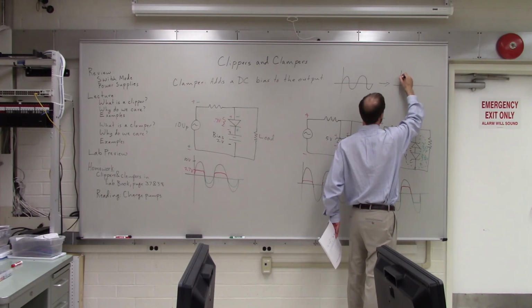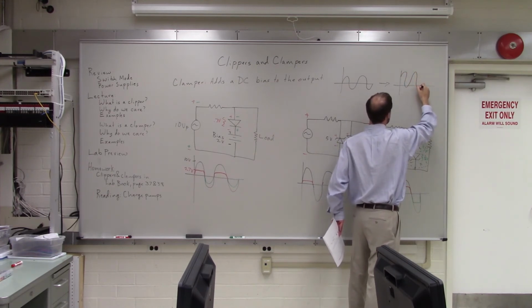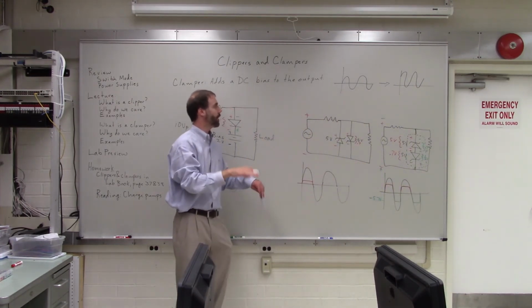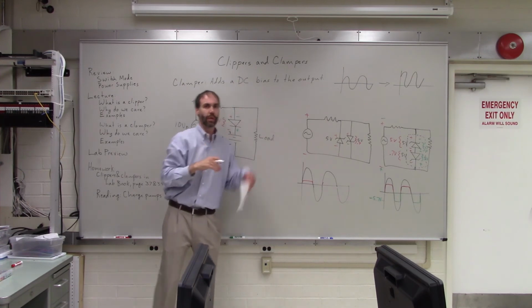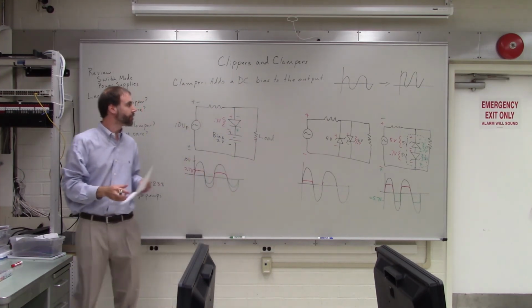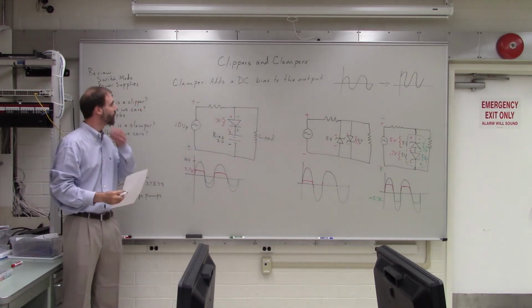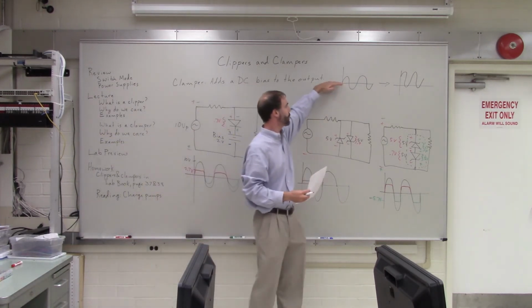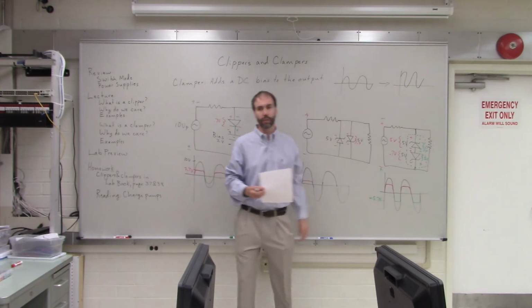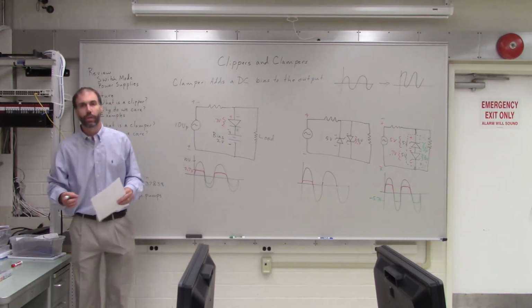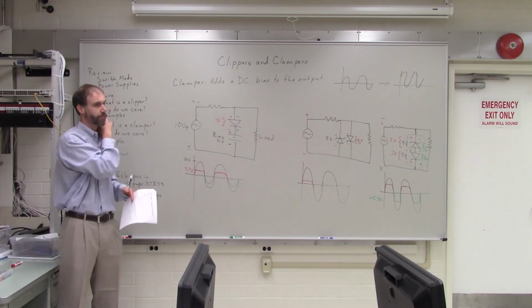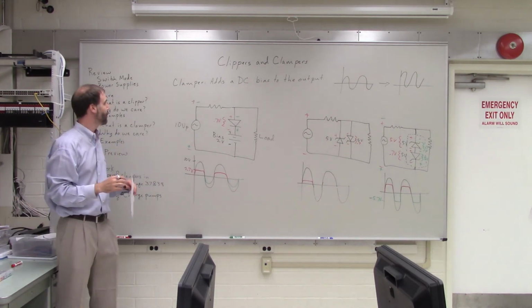So it might end up looking something like this. Okay, same shape, same amplitude, but it just gets moved up, or it could be moved down. So a DC bias is just an average voltage. So it adds either a positive or a negative voltage to an incoming signal. So that's what a clamper circuit is.